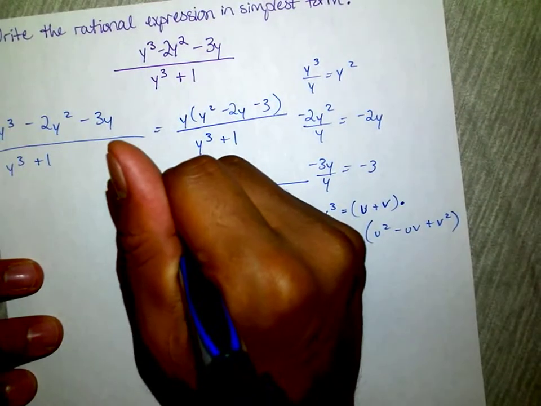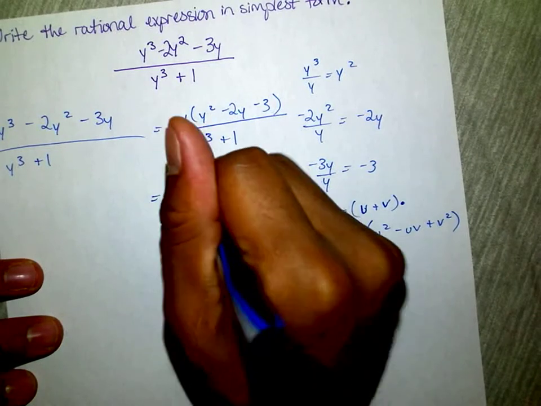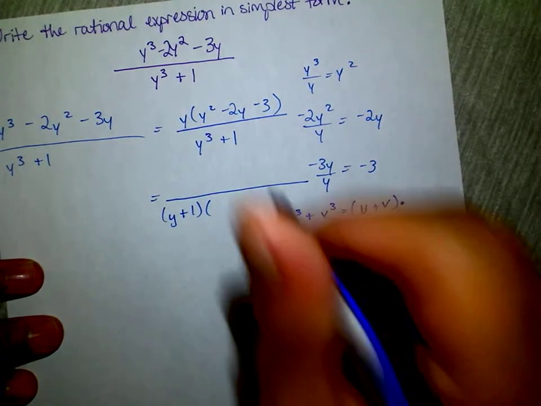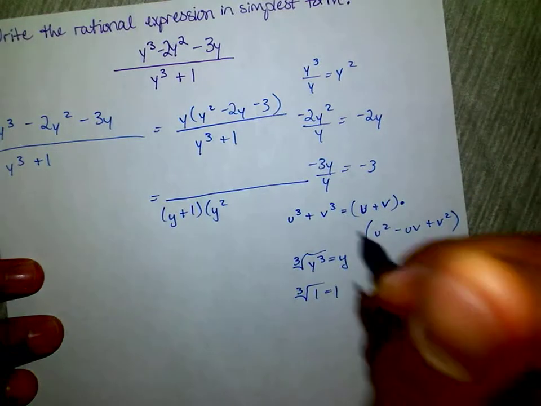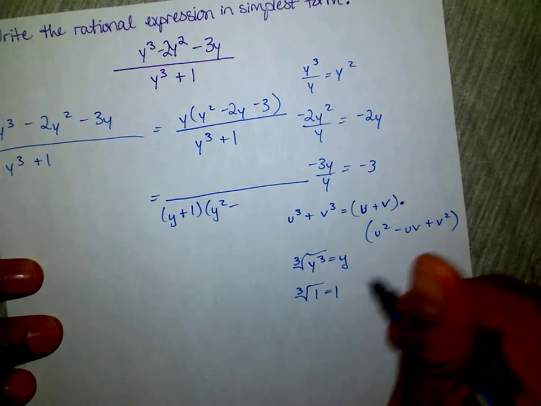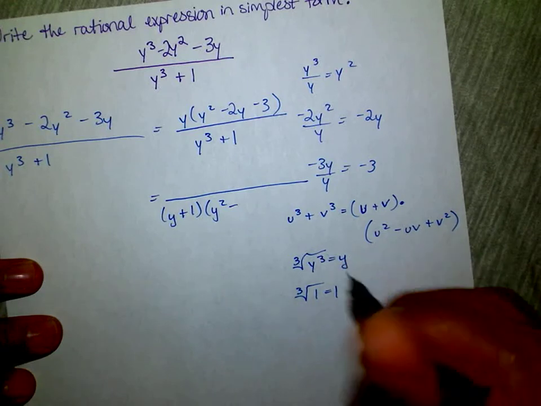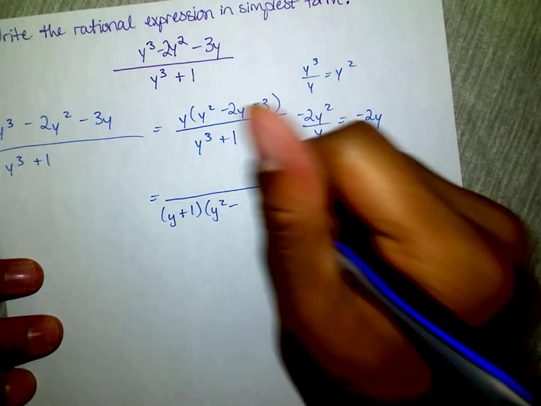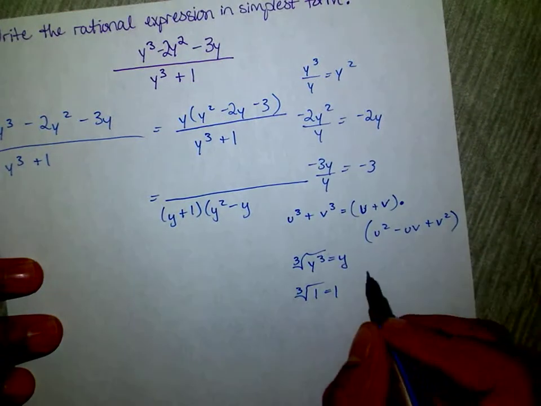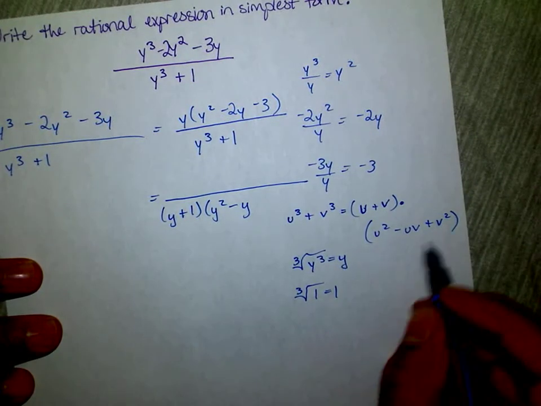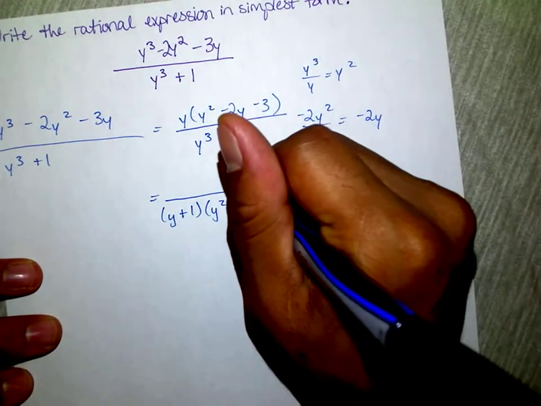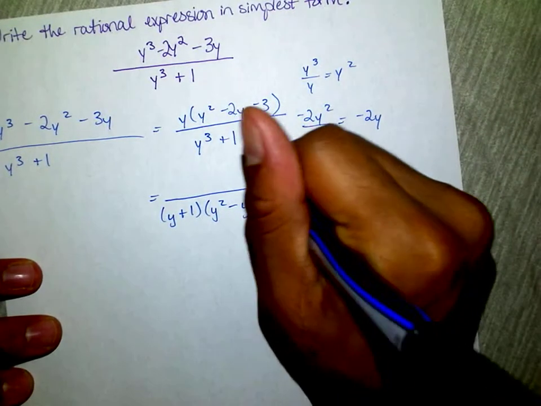So we're going to have y plus 1 times y squared minus uv, which is u times v, in our case is y times 1, which is just y, okay, plus v squared, which is 1, and 1 squared is just 1, so that's going to be plus 1 on the bottom.